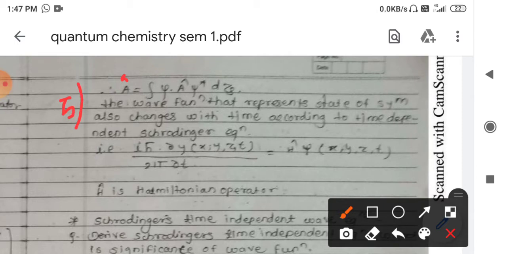So for the time dependent wave functions, up to here we have seen the time independent equations. Suppose my wave function is also associated with the time variable, and for that we have to use a different wave equation. So what is that wave equation? The wave equation that represents the state of a system which also changes with time.